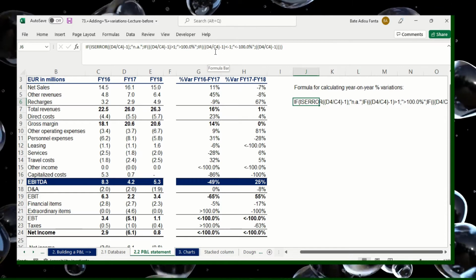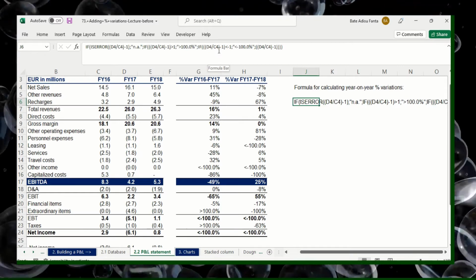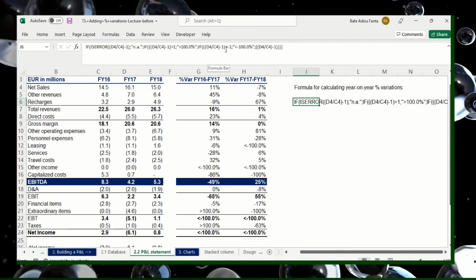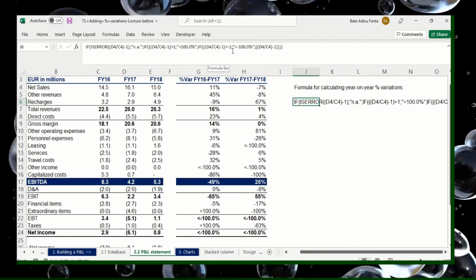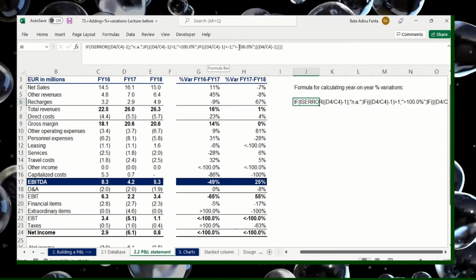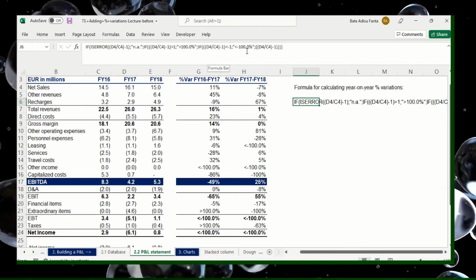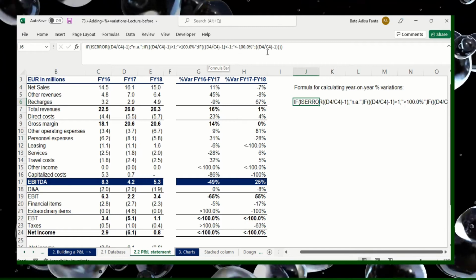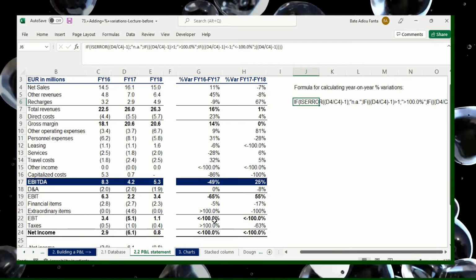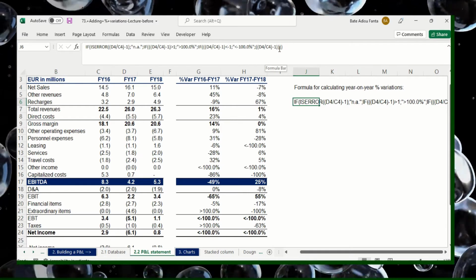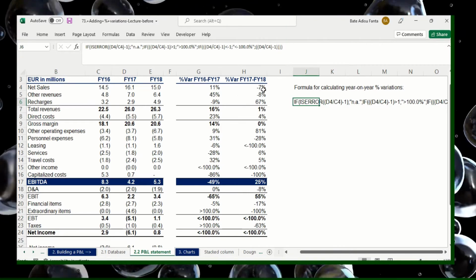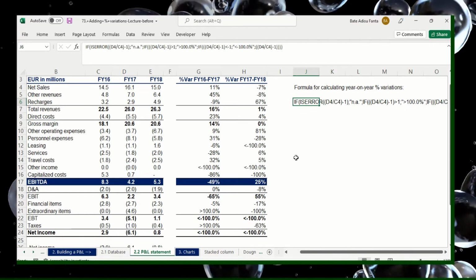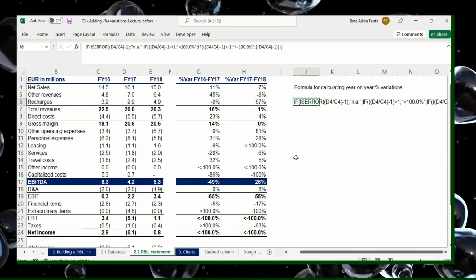And if the result from dividing D4 by C4 minus 1 is less than minus 1, then the result we see is less than minus 100%. Yeah, we have these percentages as well. Otherwise, we directly get the result, and we have all these results. So this is how the formula works. It's not something magic, and it is understandable.